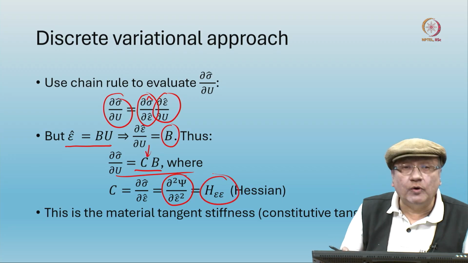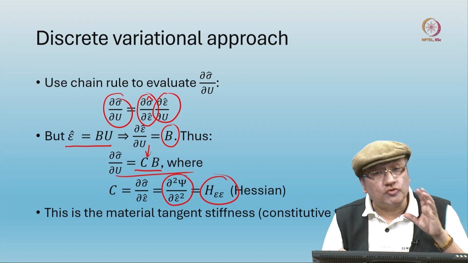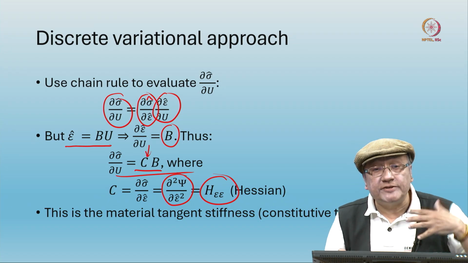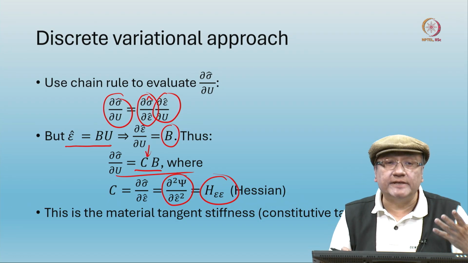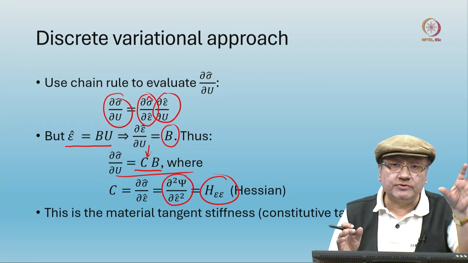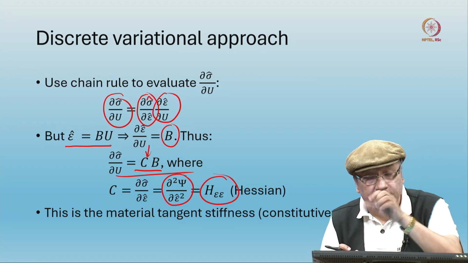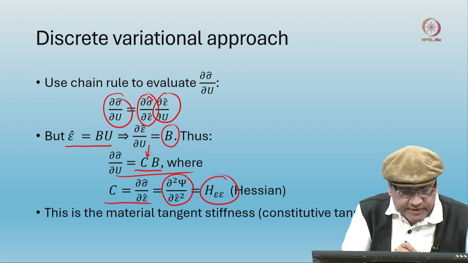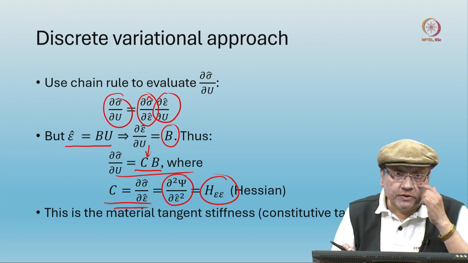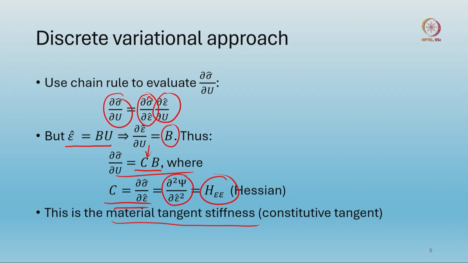This is what is important, this Hessian structure of the material information as captured in this strain versus stress relationship is captured here through C. That is why it is called the material tangent stiffness, this C, unlike K which is called the tangent stiffness or the constitutive tangent.